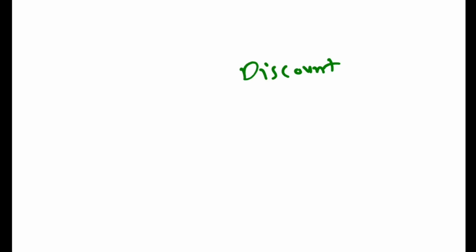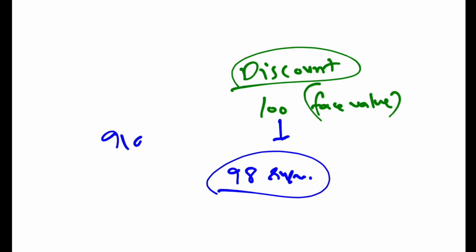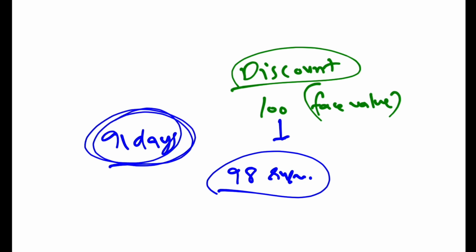For example, let's say there is a treasury bill worth 100 rupees. This is the face value. So you will get it at, let's say, 98 rupees. And then when you redeem, after 91 days, assuming it is a 91 days treasury bill, it can be 91 days, 182 days, or 364 days.